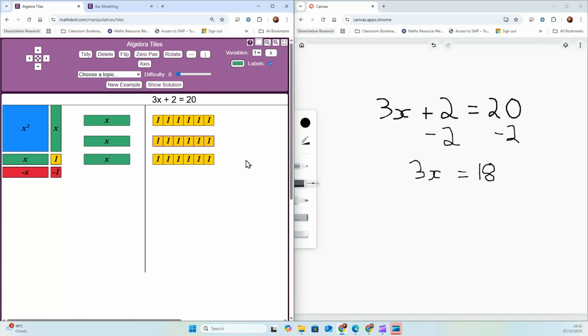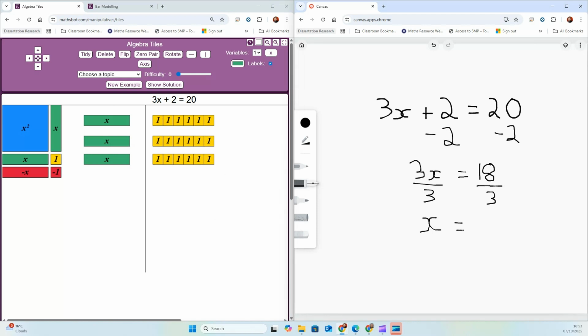And again, I could remove a load of these, although I tend not to when I'm modeling this because that has links to subtraction. What I'm doing here in reality is splitting that 3x up into 3 equal x's, so I'm dividing that 3x into 3 equal parts, and that means I've also split the 18 into 3 equal parts, and so each part will be equal to 6 of the ones.